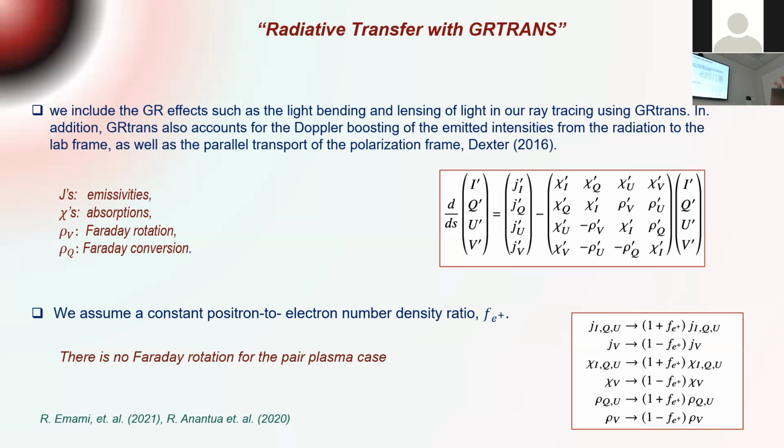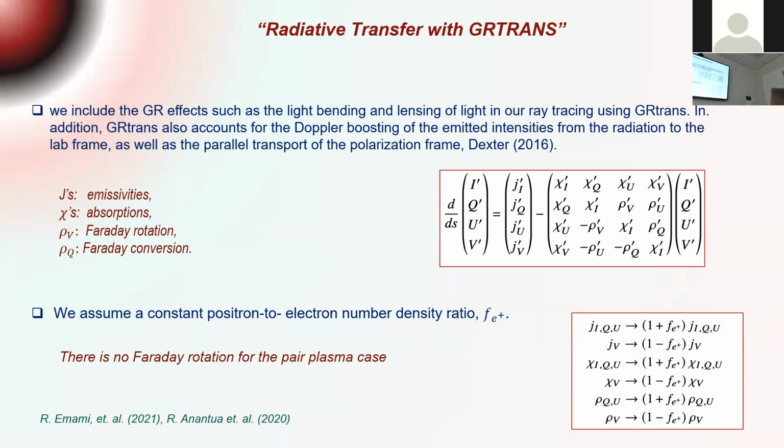So through a set of differential equations, you wish to compute I, Q, U, and V, and then from that, you can derive the intensity, linear polarization, and circular polarization. In order to make sure that all the general relativistic effects are correctly incorporated, we use the geotrans code, as I already described to you.